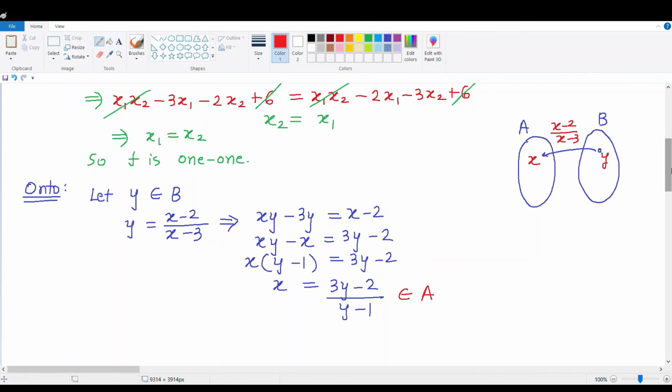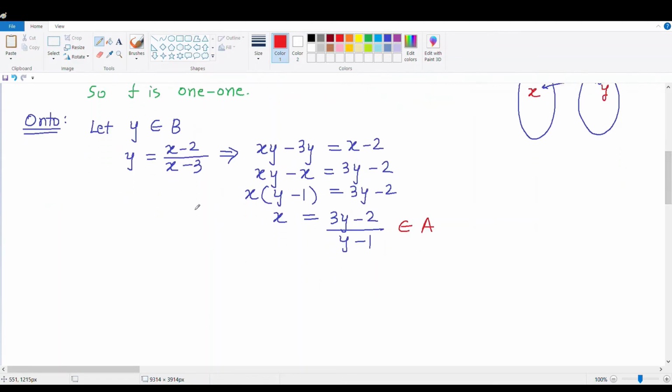But let's check that f of x equals y condition as well, since we know our f of x, right? Now, do we know the function definition? Yeah, of course, we are given that: f of x equals (x minus 2) over (x minus 3). Now plug in this x value instead of this x and see what happens.